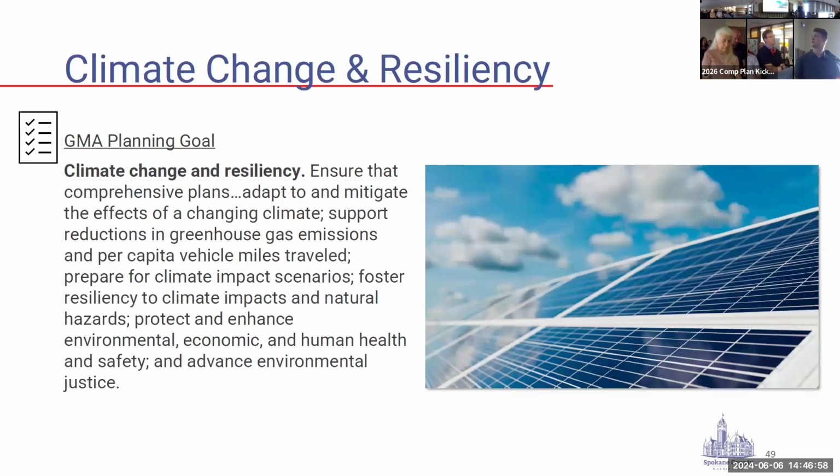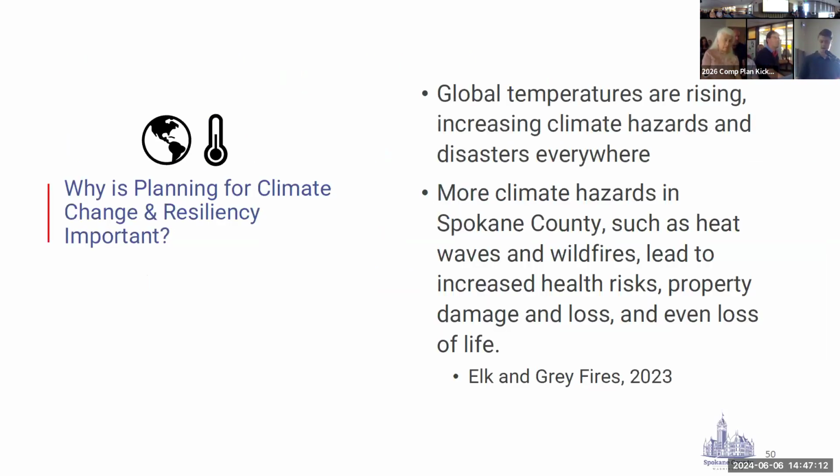First, this is the text that shows the climate change and resiliency goal as it's written in the Growth Management Act. The climate change and resiliency element works to fulfill this goal. And then just a brief word on why a climate change and resiliency element is important. Climate hazards occur everywhere.